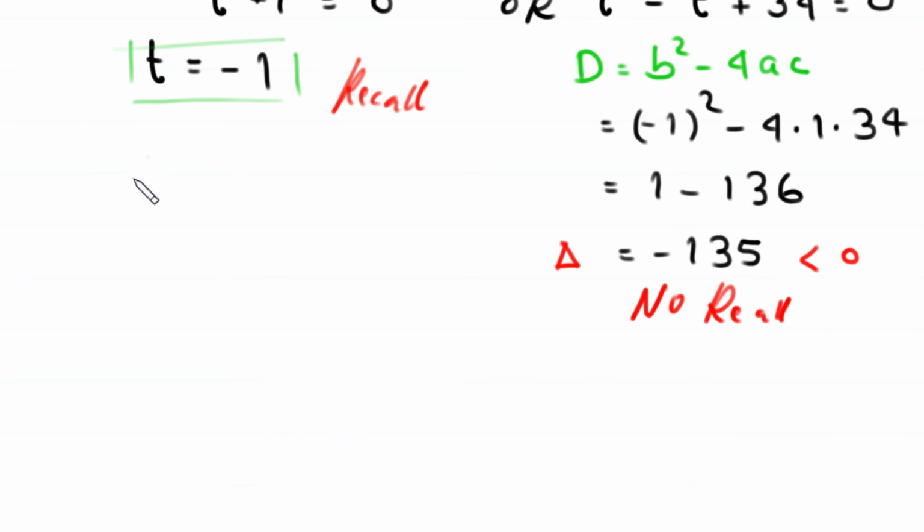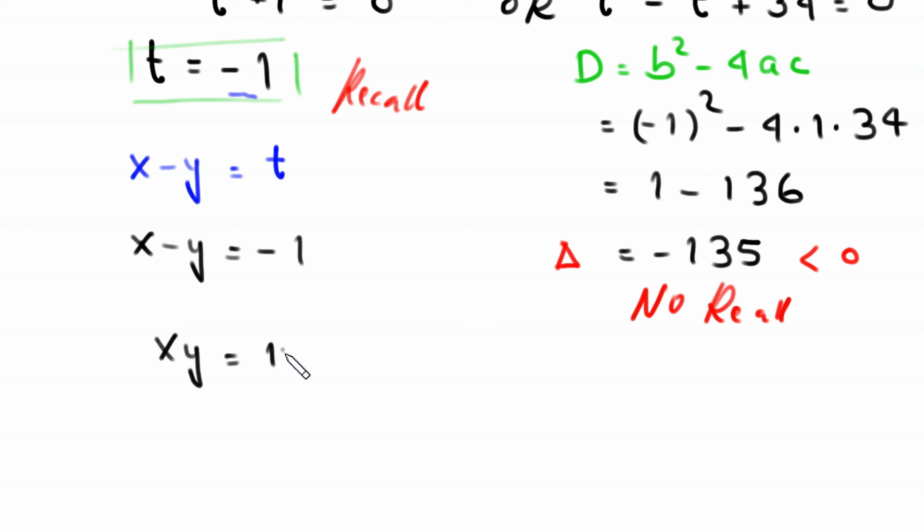Since t is negative 1, so x minus y will be equal to negative 1, and the equation 2 is x times y equal to 11. This is equation number 2. From this equation, if we move this negative y to the right hand side and negative 1 to the left hand side, this implies that y is equal to x plus 1.